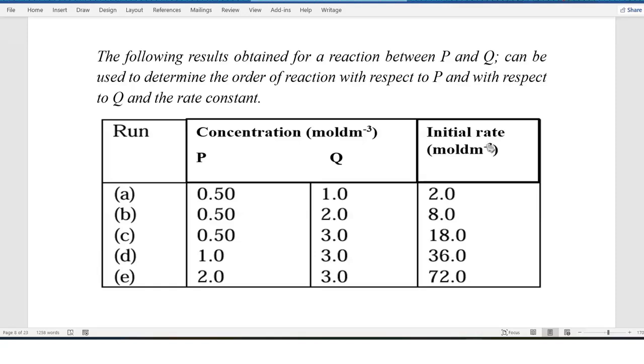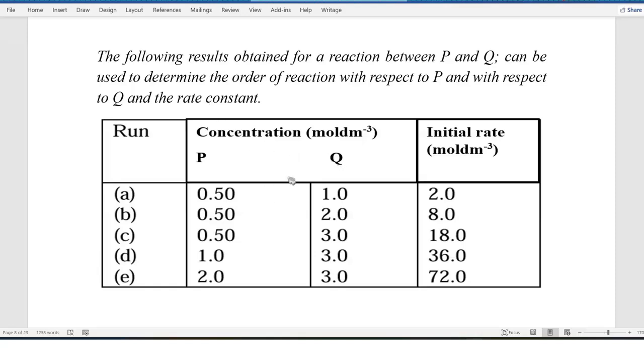The initial rate, that is the rate of the reaction, was 2.0, up to E, where we had 72.0 moles per decimeter cubed. So we are required to determine the order of reaction with respect to P and with respect to Q, and then later on we use the rate equation to determine the rate constant.